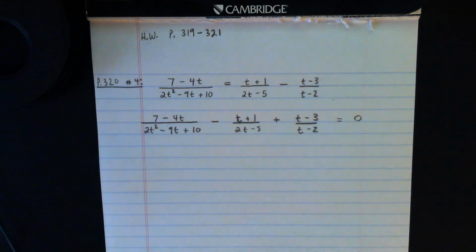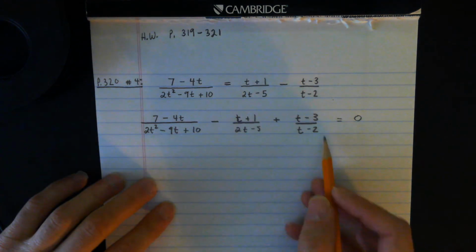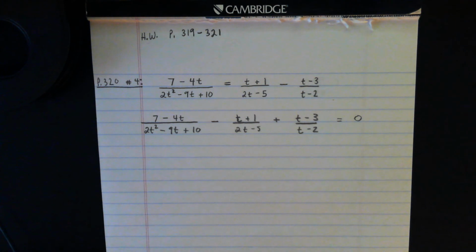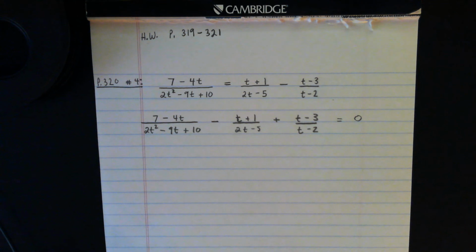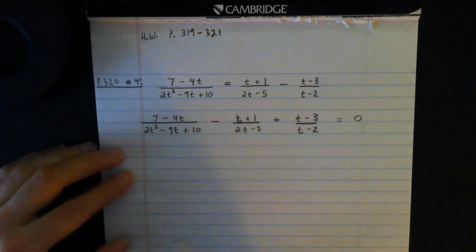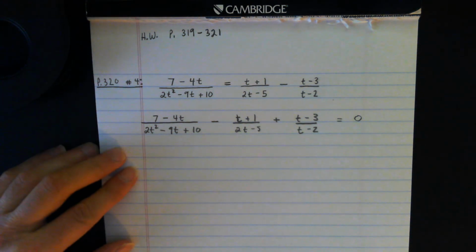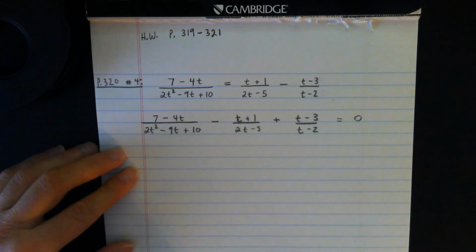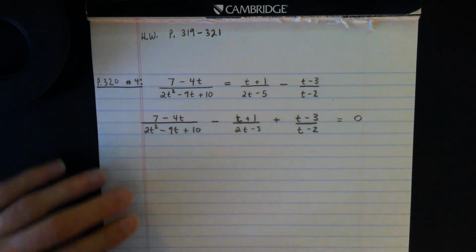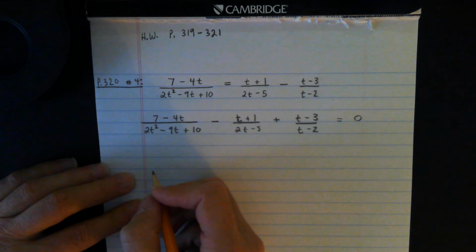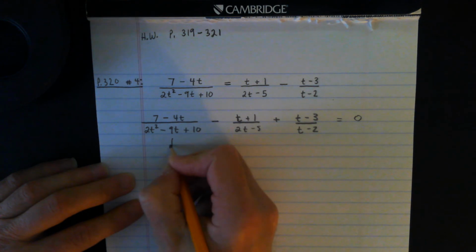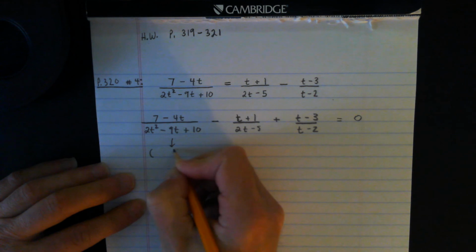Good. Okay, so the next thing we want to do is factor the denominators here. As you can see, we've already got 2 of the denominators factored at this point. And so now I'm just going to work on factoring this denominator here. Now, this one we need to do by decomposition, but I figured I might just show you guys how to do it by trial and error here. If I were to factor this denominator, I would just start like this.